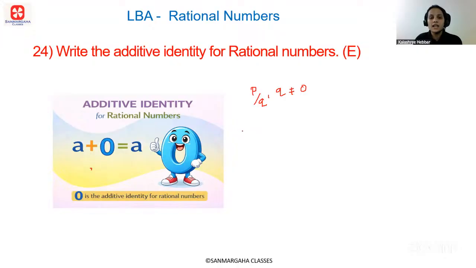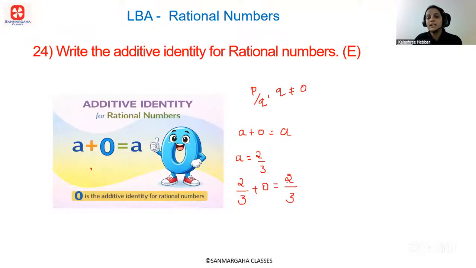For any rational number a, if you add 0, you get the answer as a only. By adding 0 to any rational number, the value of the number does not change. If a is 2 by 3 here, 2 by 3 plus 0 is equal to 2 by 3.